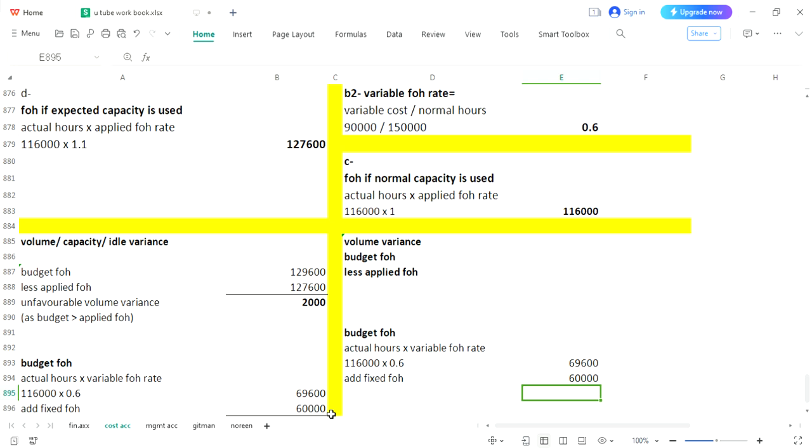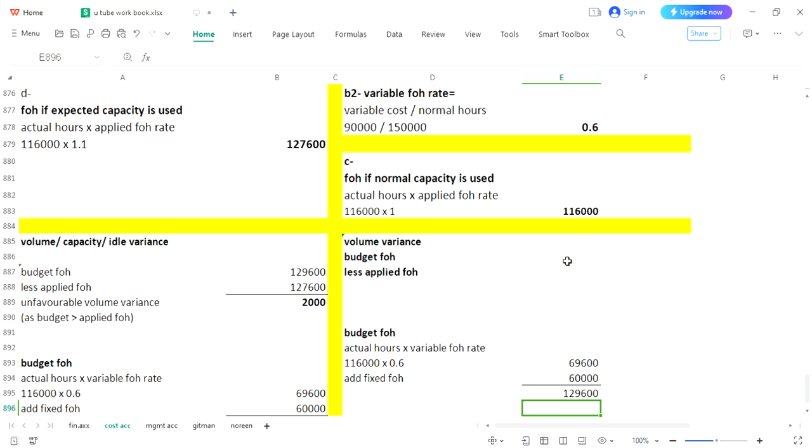It's time to calculate our total budget FH, which has a two-line formula, by summing up these two amounts, 69600 and 60,000. We have got our budget FH for normal capacity. As you can see, variable FH rate for normal and variable FH rate for expected capacity was the same, and 60,000 was shared as well.